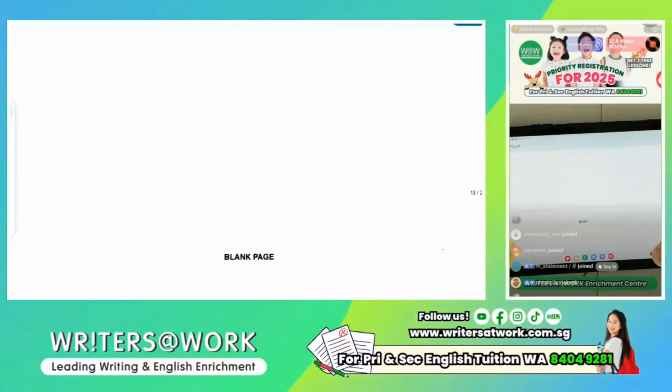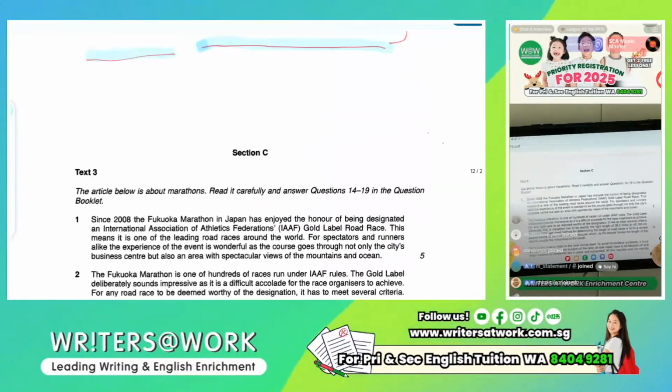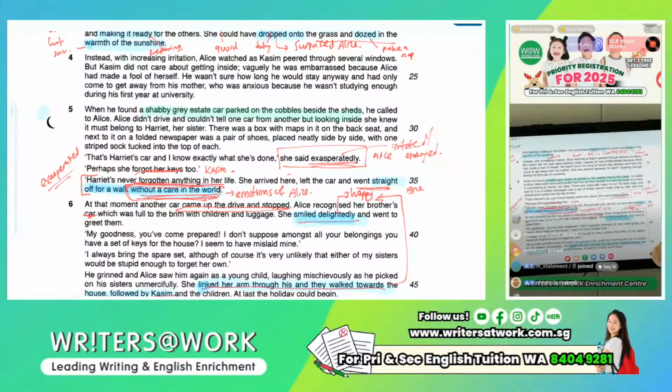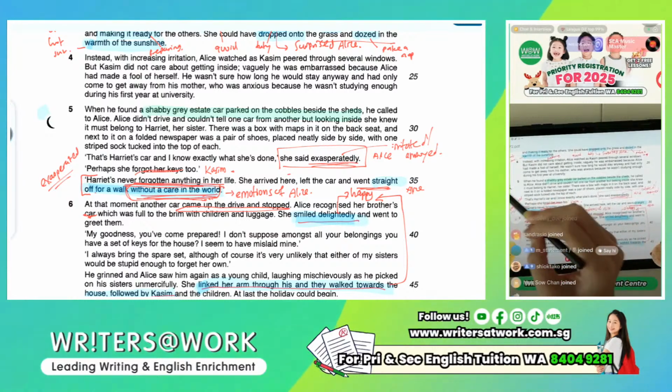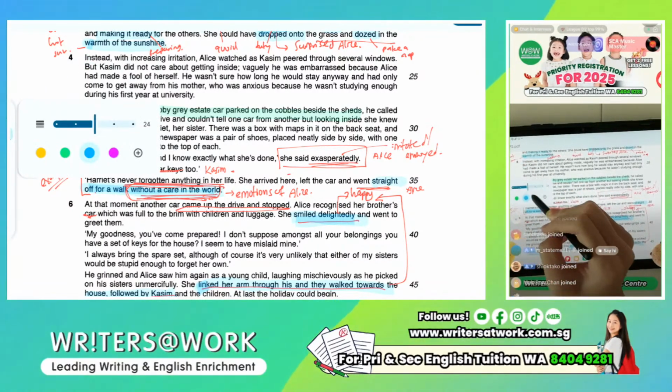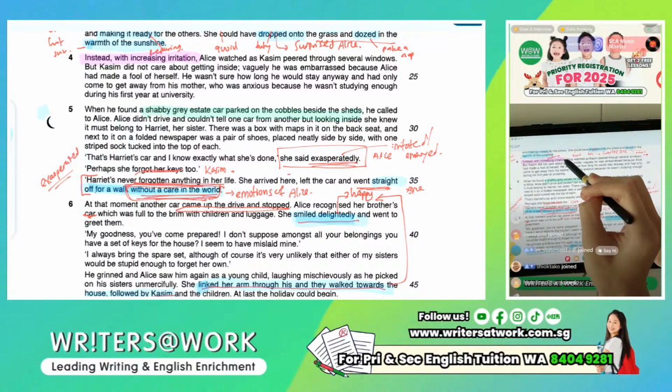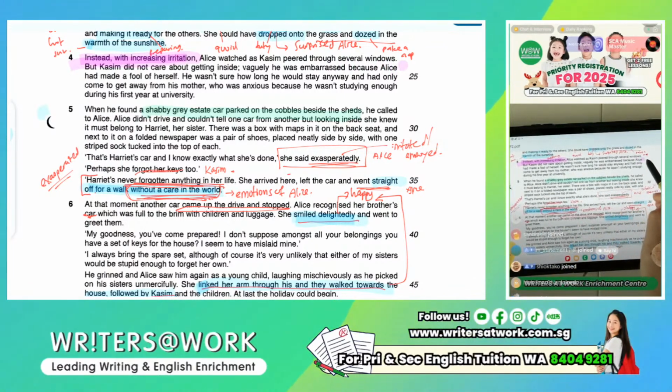Now, looking at paragraph 4 and 5, we look at how Kasim just did his own stuff, right? And you can see the first paragraph already talks about irritation. She said that Kasim wasn't really interested to help her. He was just walking around and having time for himself.